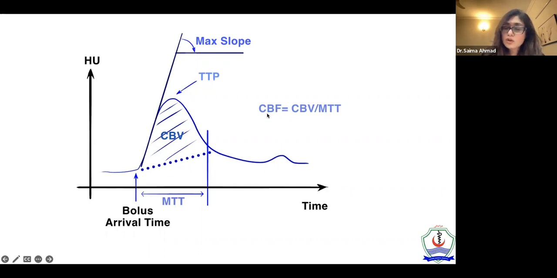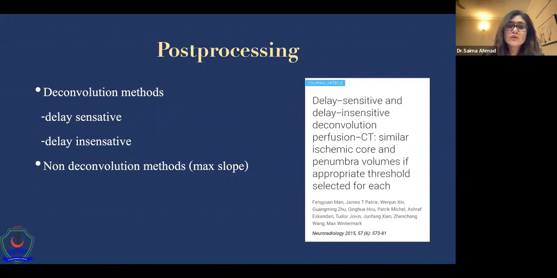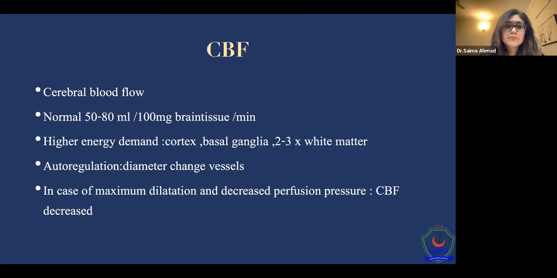This theory is called the maximum slope theory. In post-processing there are many other methods of calculating, such as the deconvolution methods, but we are not going to talk about those because this is not the topic.